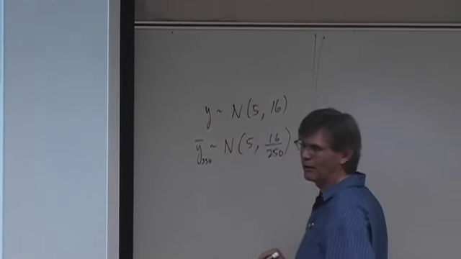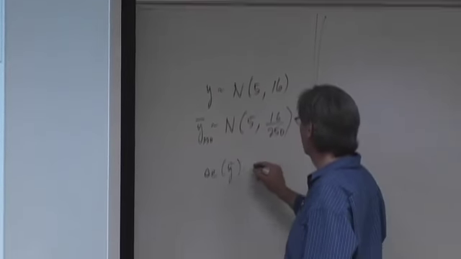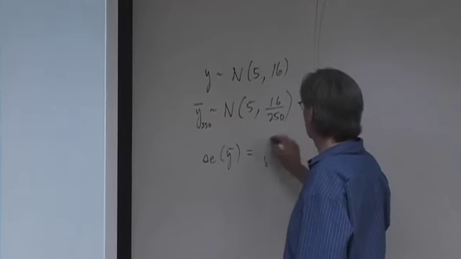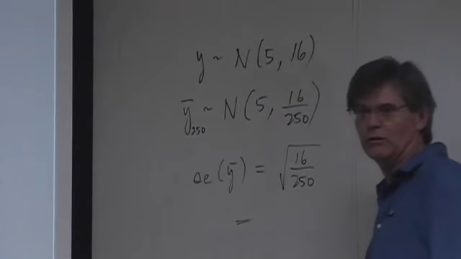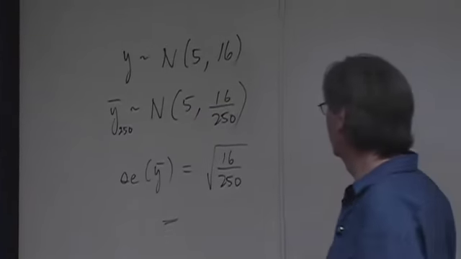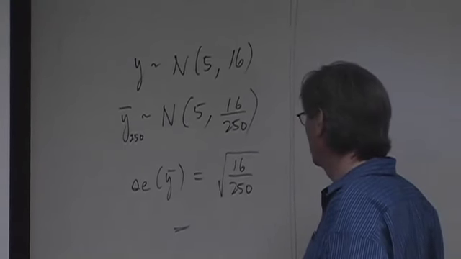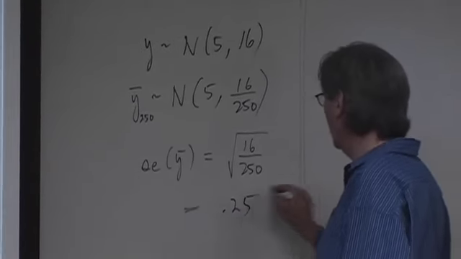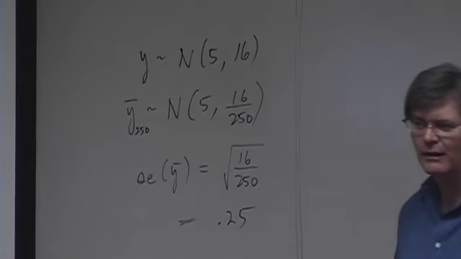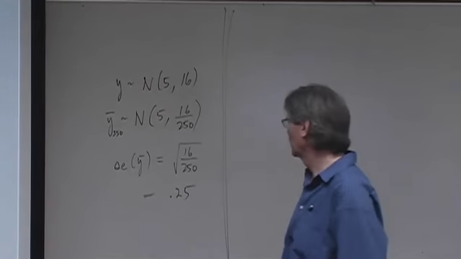So what's the standard error of y bar? The standard error of y bar is the square root of 16 over 250, which is equal to 4 over 5 root 10. Well, give me a closer number than that. 4 over 15 plus a little bit, 460. It's about 0.25. Oh, that's pretty big. So the standard error is still 0.25.